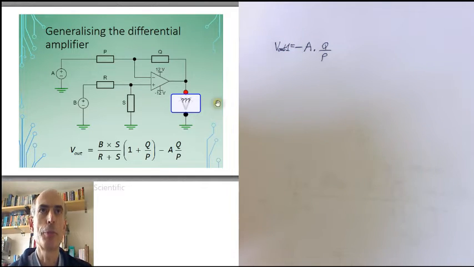Our second contribution to the output voltage is when B has its value of B and we set A to 0. And in this case, we're getting a potential divider followed by a non-inverting amplifier.